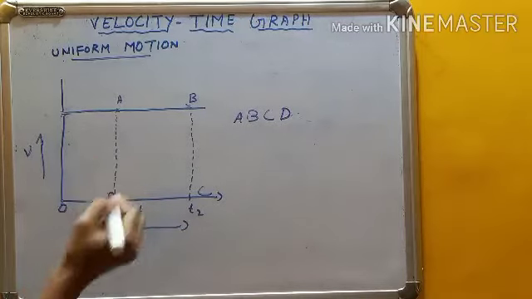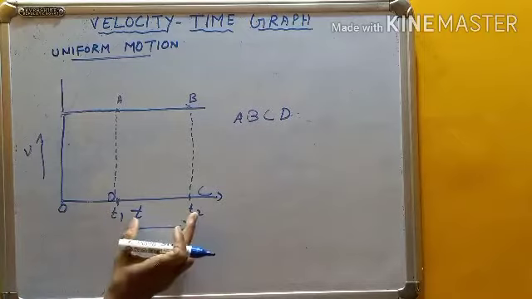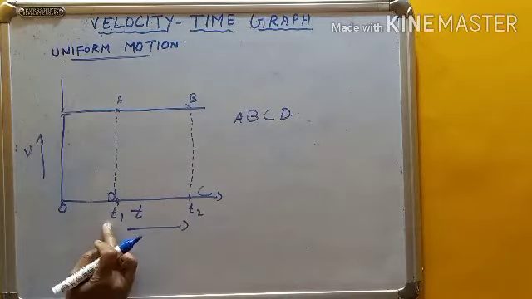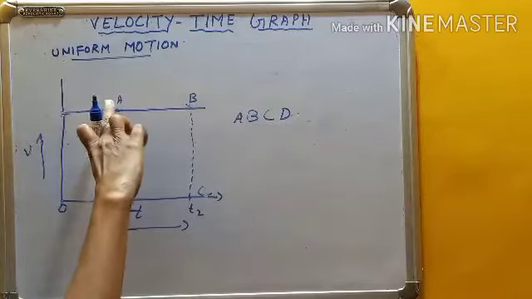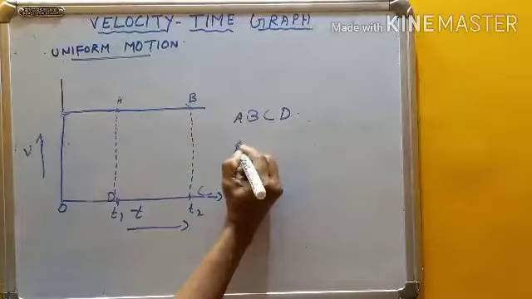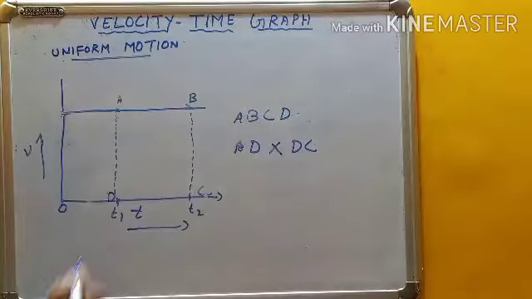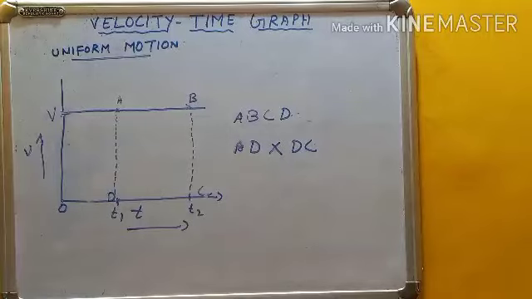The rectangle area formula you know: length into breadth. This T2 minus T1 means this DC, into the length, which is the side AD. So area is AD into DC. Now what is AD? Instead of 5 meter per second, let it be V meter per second.